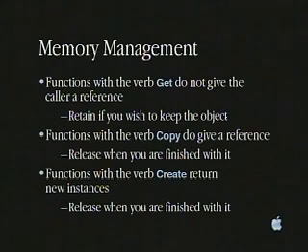This is so important it really deserves repeating. Get functions never automatically increment the reference count. Create functions and copy functions always increment the reference count of objects that they are returning.